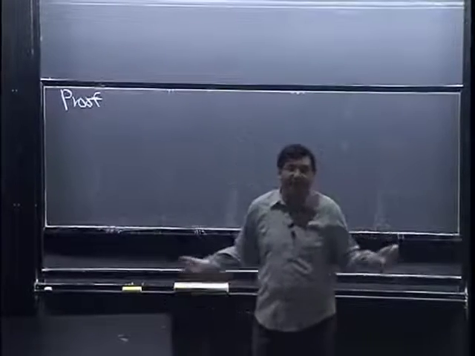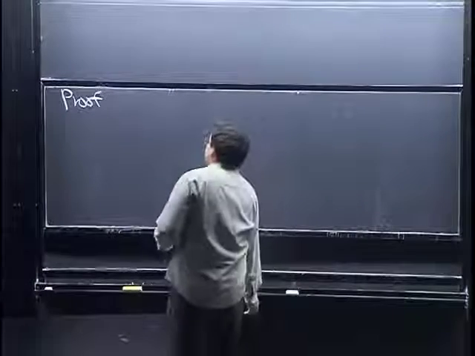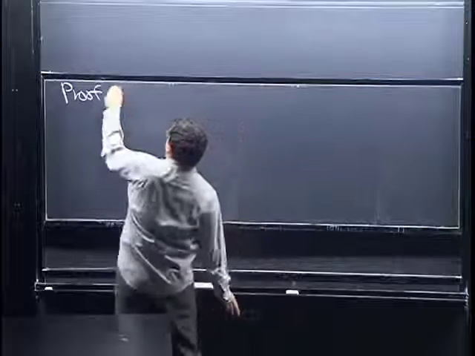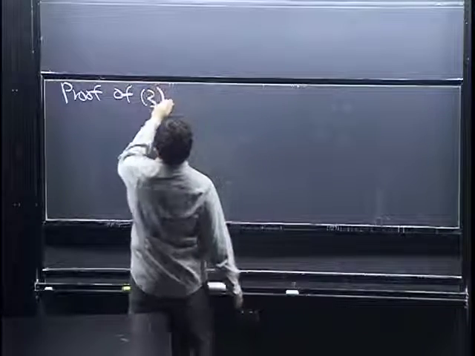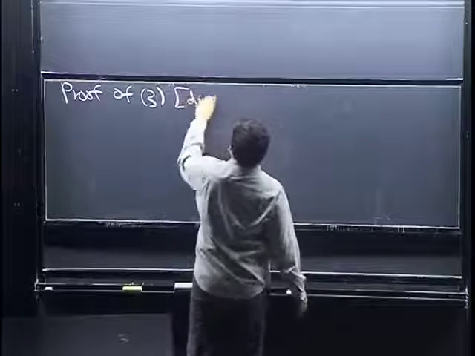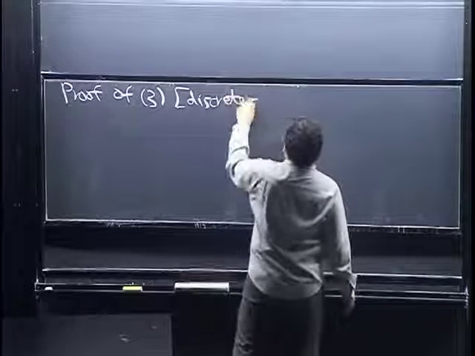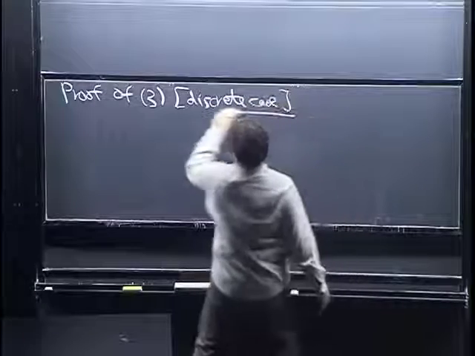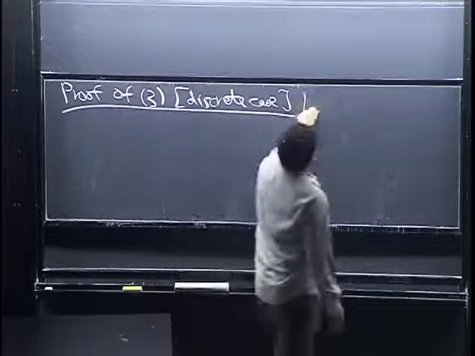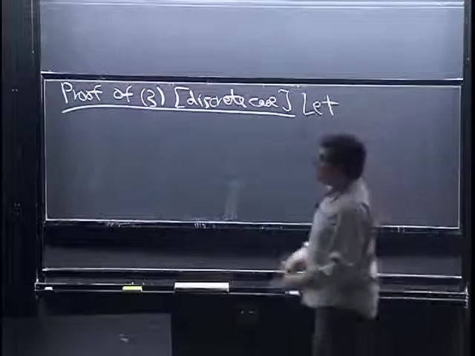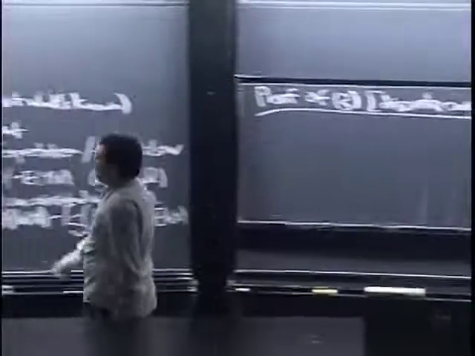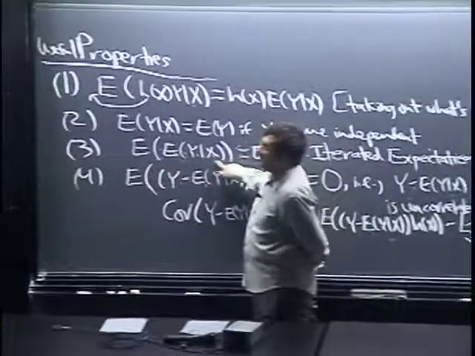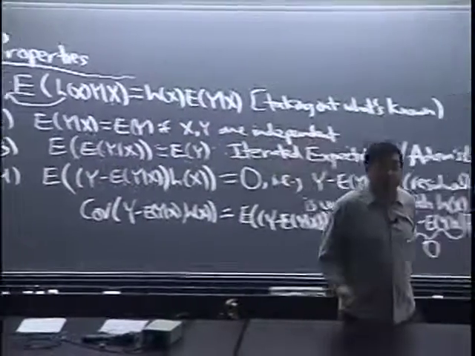Continuous case is analogous. Proof of 3, discrete case. We're trying to find E of y given x. So let's just call this thing E of y given x. Let's give it a name, g of x.